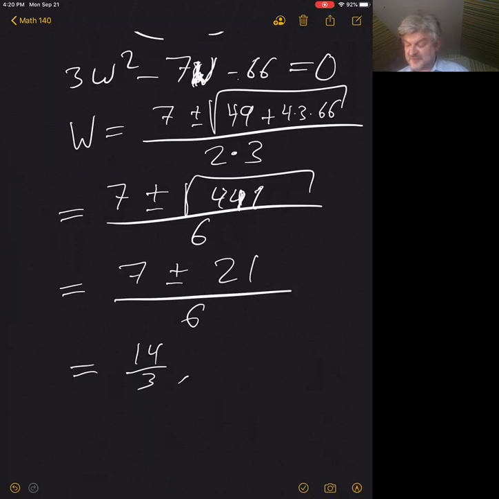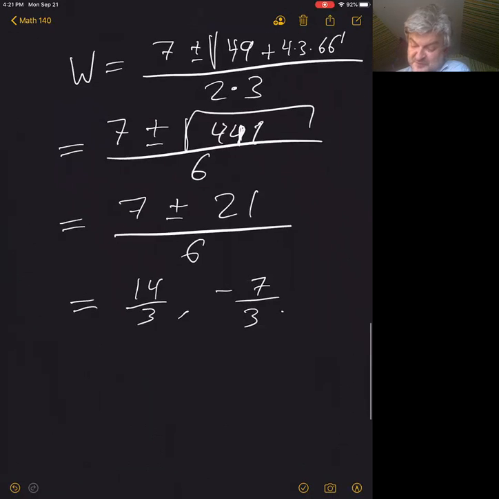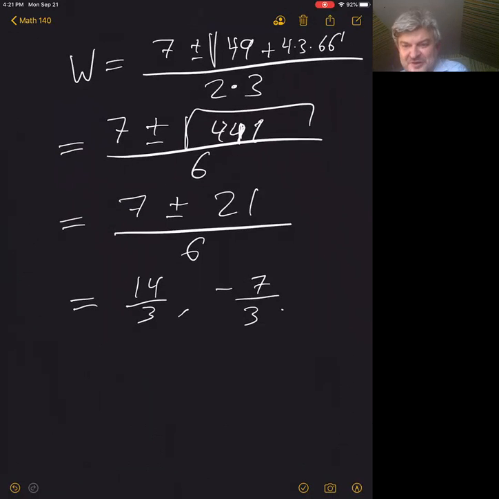So if you use the plus sign, we get 28 divided by 6, which is 14 divided by 3. Or it's 7 minus 21, that's negative 14 divided by 6. So negative 7 divided by 3. Okay. Two possible answers for the width of my swimming pool, but of course, a negative number does not make sense.